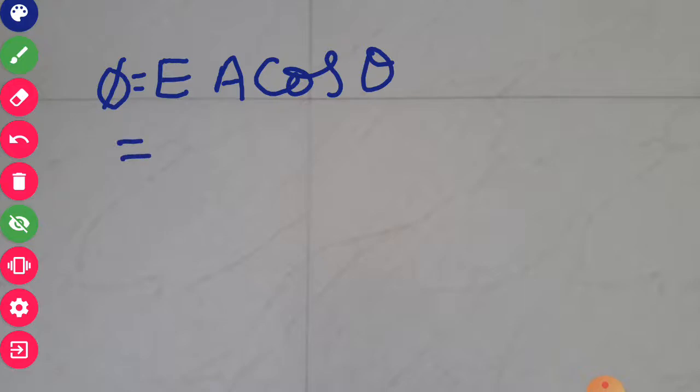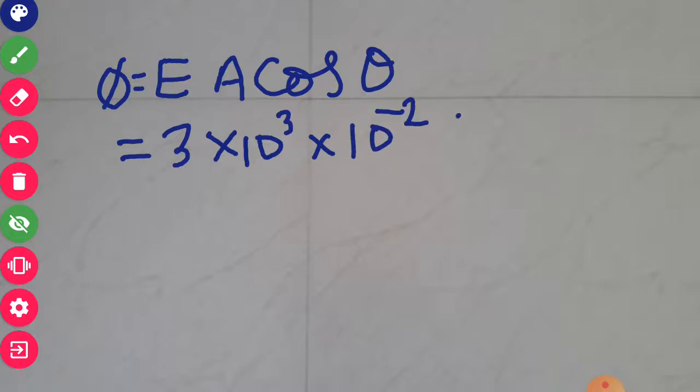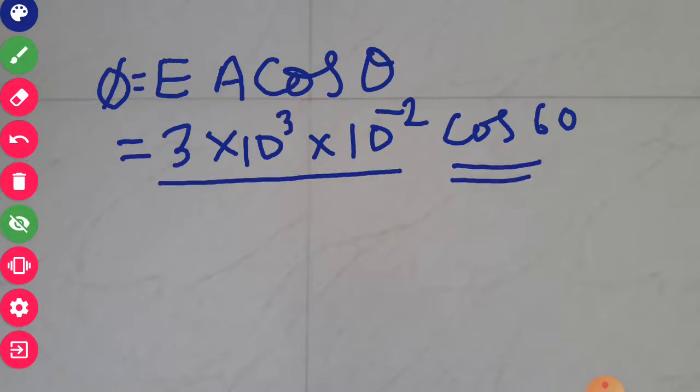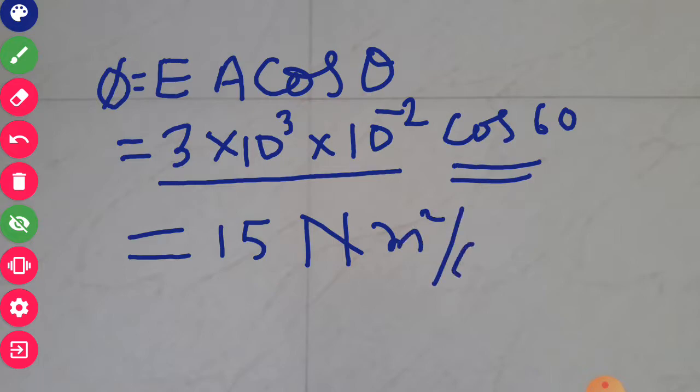E is known to us, 3 into 10 raised to 3. Area we have found, it is 10 raised to minus 2, and cos 60 is 1 by 2. So you just have to multiply. This becomes 30 divided by 2, so it becomes 15 Newton meter square per Coulomb.